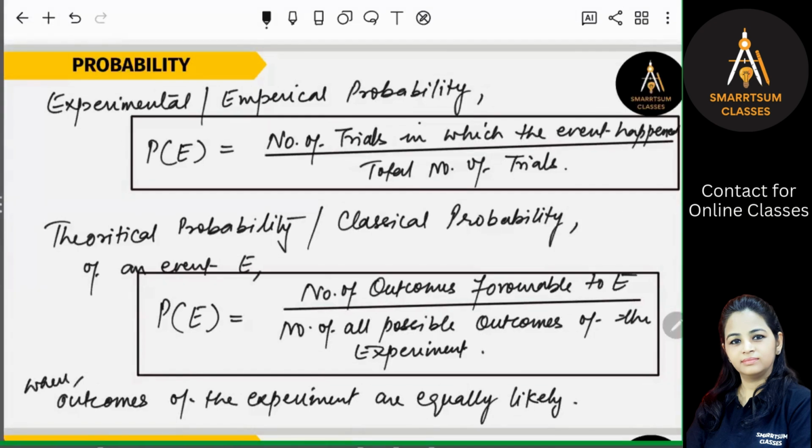So here, we have assumed that the outcomes of the experiment are equally likely. In brief, whenever we say theoretical probability, we simply call it probability. This definition of probability was given by Pierre Simon Laplace in 1795.